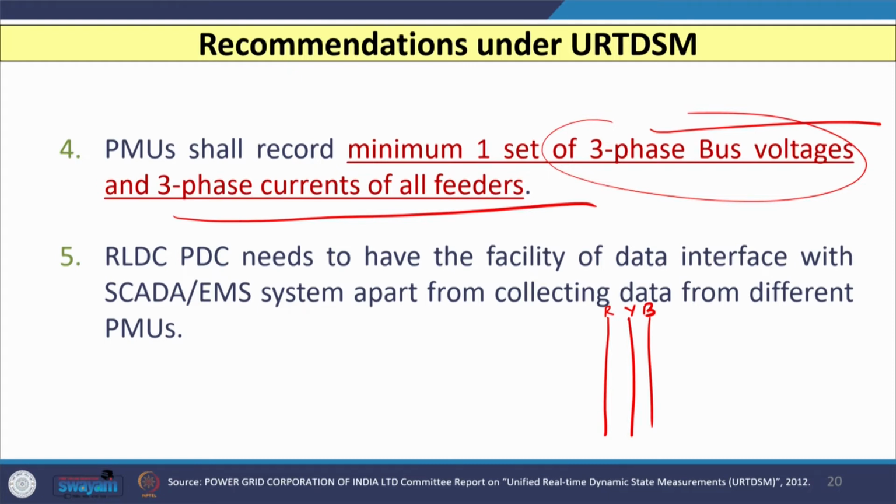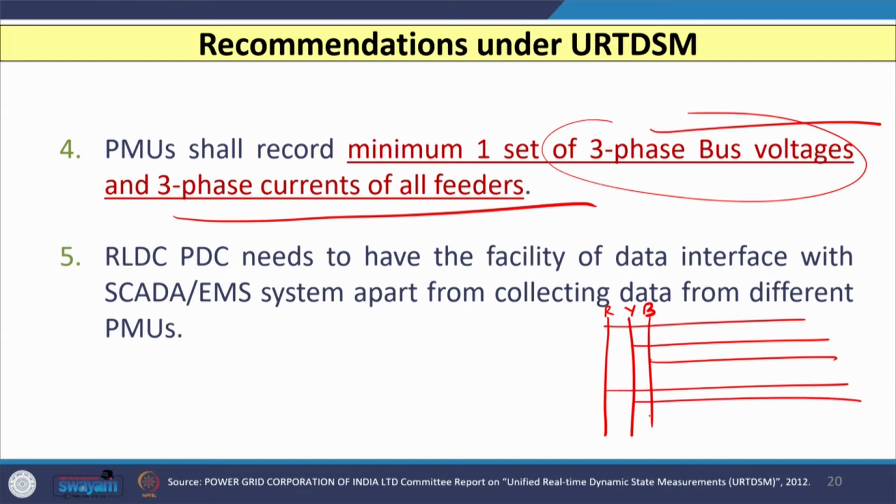If a number of feeders are emanating from this, let us say 5 feeders are there, then the 3 phase currents of all the feeders should be recorded by PMU. That is the meaning of this. So, this is our feeder 1 which contains 3 currents. Similarly, we have feeder 2 that also contains 3 currents, and so on, up to feeder N. All these currents should be recorded by PMU.